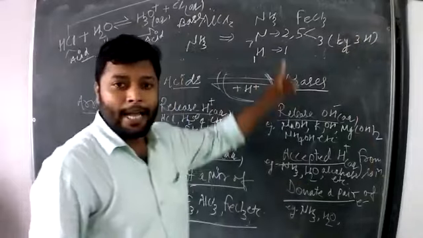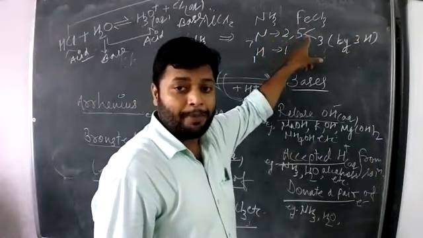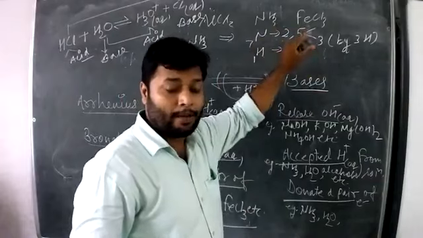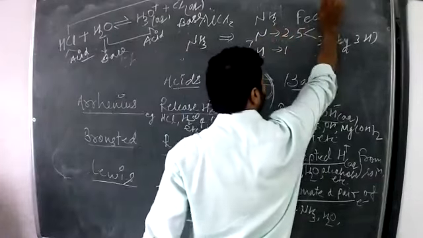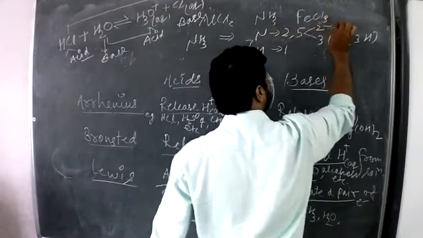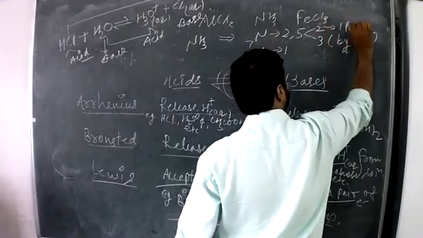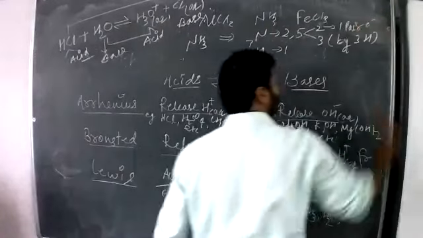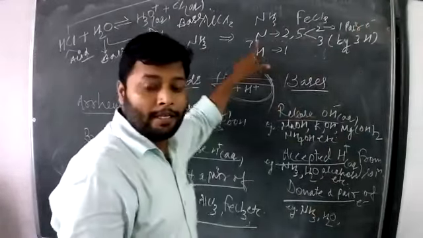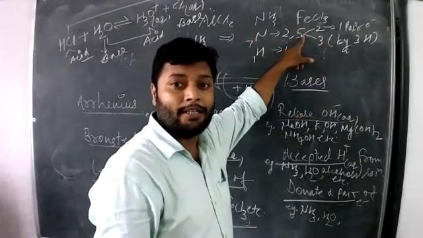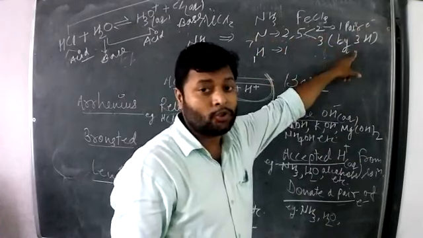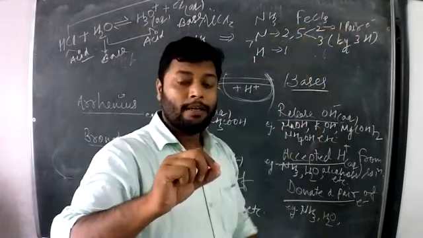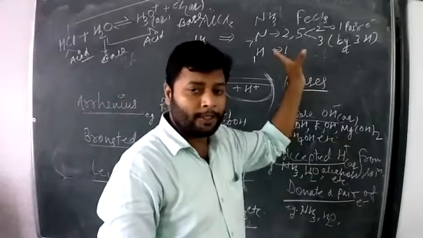So look at the possibility. Nitrogen, out of 5 electrons, has 3 electrons involved in bonding with 3 hydrogens to make ammonia, and 2 electrons, that is one pair of electrons, remain in a non-bonding condition in the nitrogen.